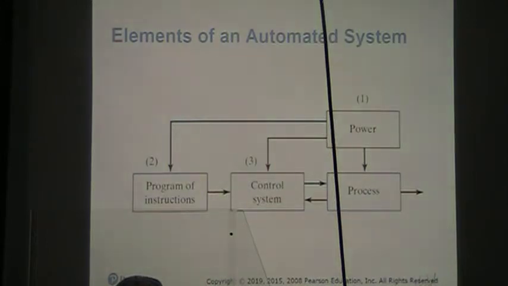That power goes into everything, and it drives the program of instructions, which in turn feeds into the control system. The control system controls the process and gets feedback from the process, and those allow it to perform its job, and then we have output from the process, which is our product.